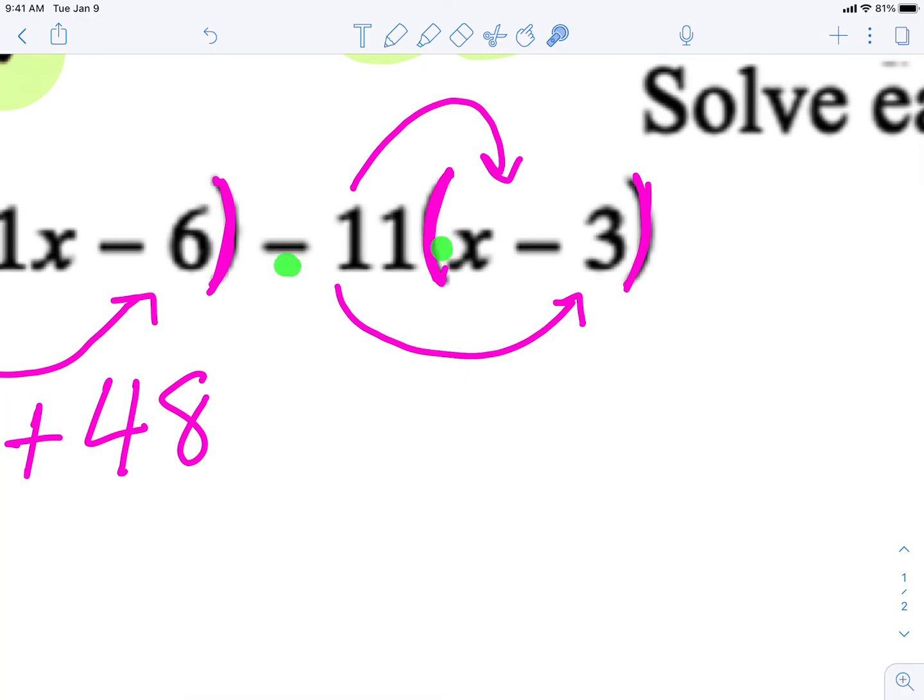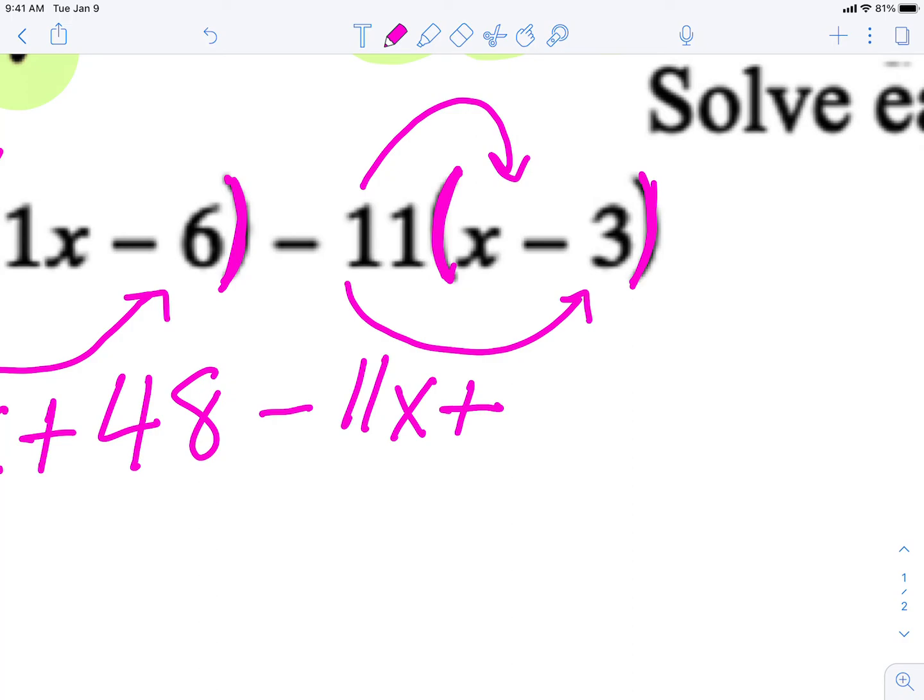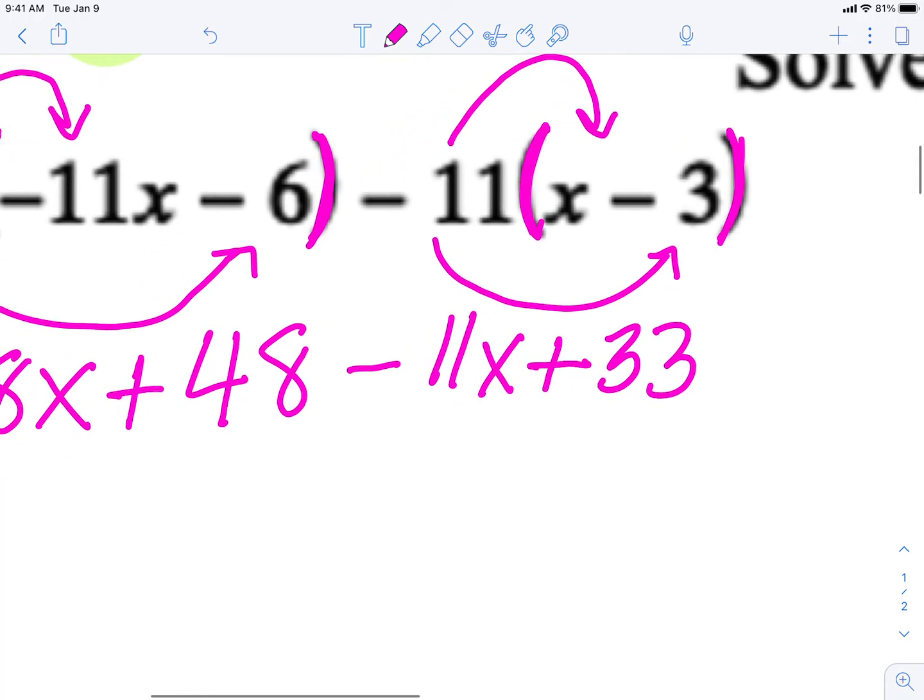Negative times positive is negative. 11 times x is 11x. So right now we just did the top. Now we have to do the bottom, right? So negative times negative is positive, and 11 times 3 is 33, right?